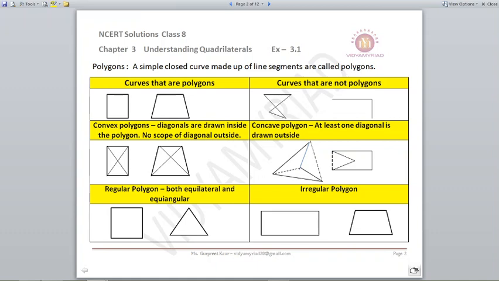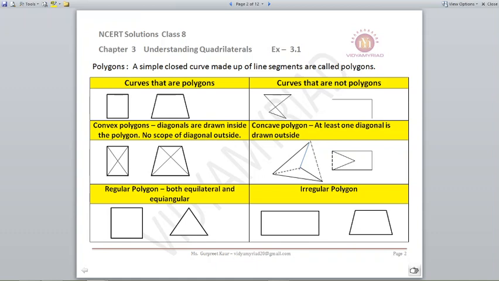Next, we are talking about regular polygon and irregular polygon. When we talk about a regular polygon, it means it is both equilateral and equiangular, which means equilateral means all the sides are equal, and equiangular means all the angles are equal. Like you have a square, you have an equilateral triangle, and there can be many more.